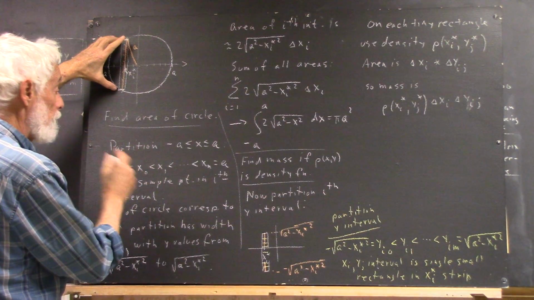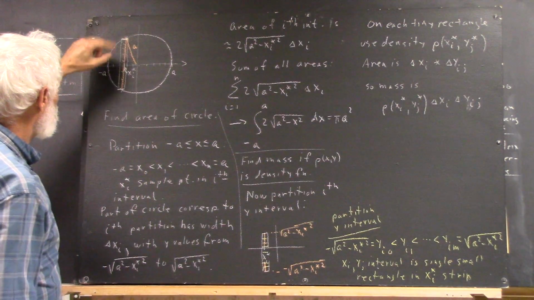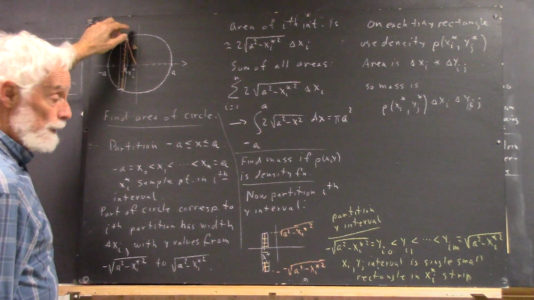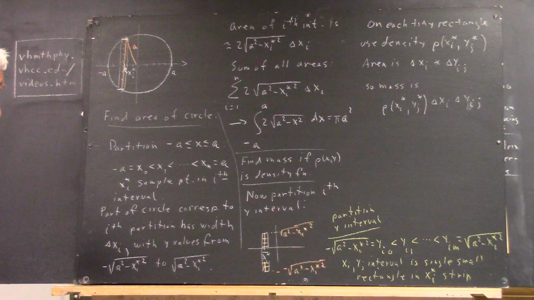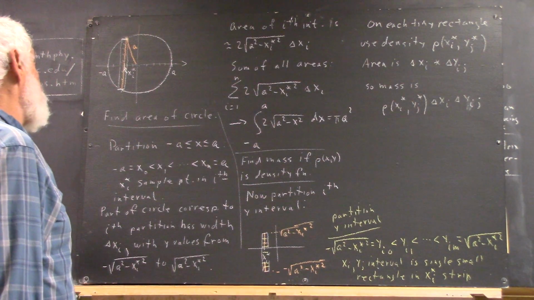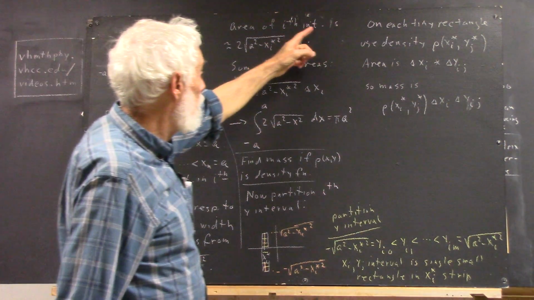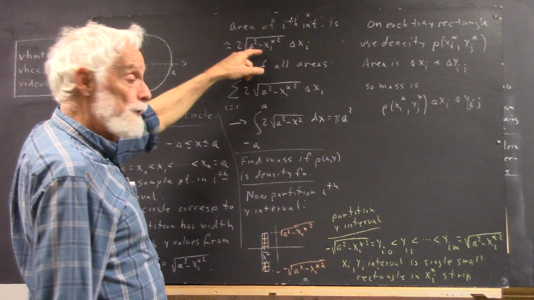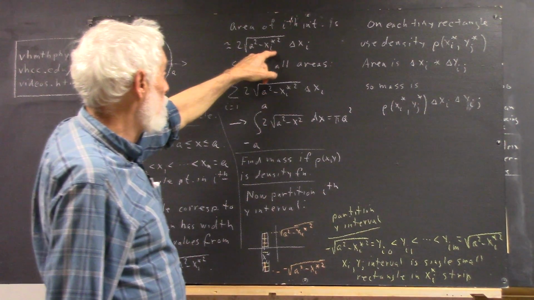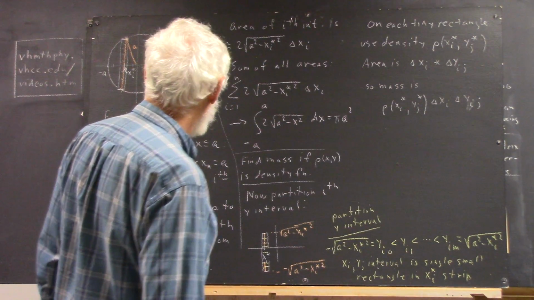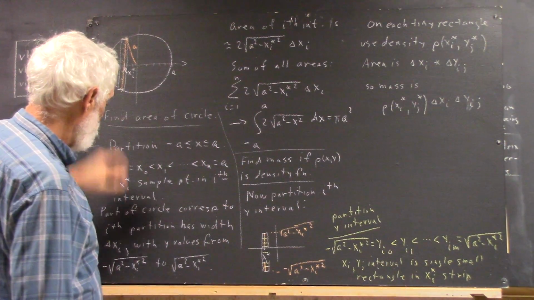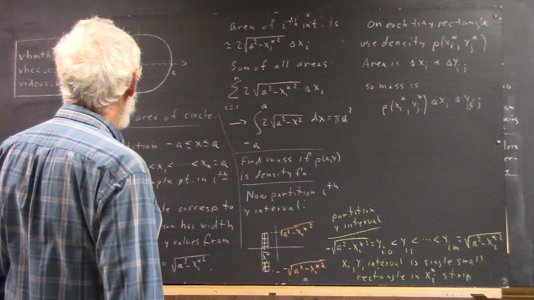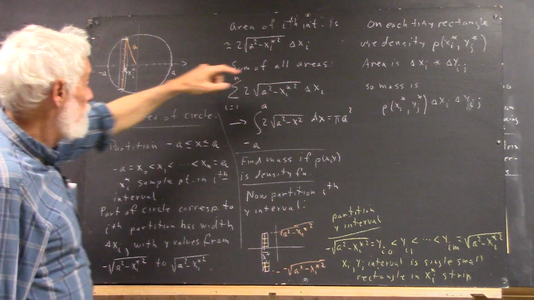So if all our subintervals are very small, there's very little difference between the area of the rectangle and the actual area between the two vertical lines within the circle. Okay, so we're going to say the area of the ith interval is therefore approximately equal to this dimension, which is going to be 2 times the square root of a squared minus x sub i star squared. We have one here and we have one here, and if we subtract this from this, this is what we get. And we multiply that by the width, which is delta x sub i.